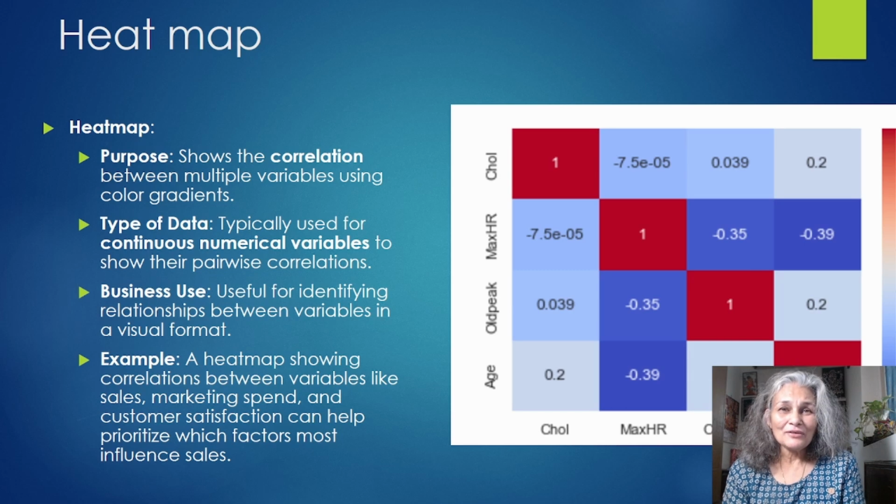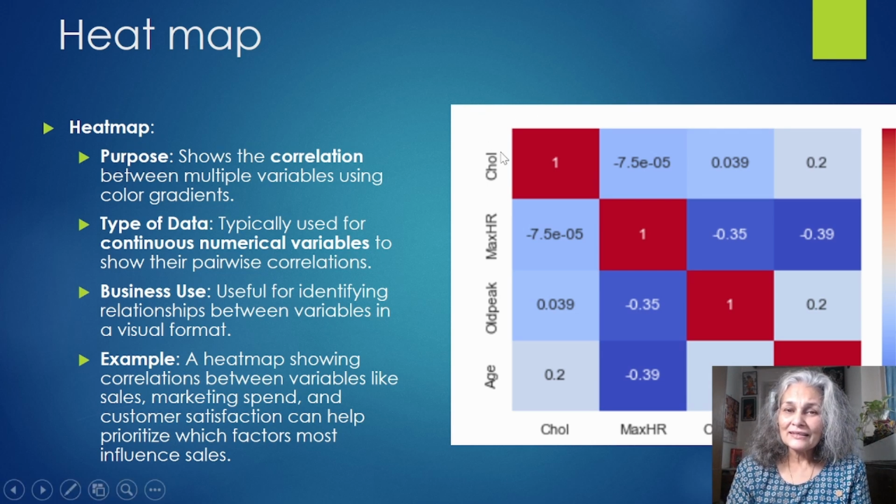The second one which I come up with is a heat map. Now this is your workhorse representation. What it does is it takes all your continuous variables, calculates the correlation coefficient between them, and plots them using a heat map.